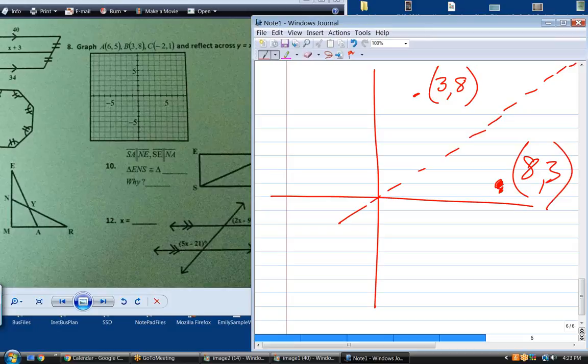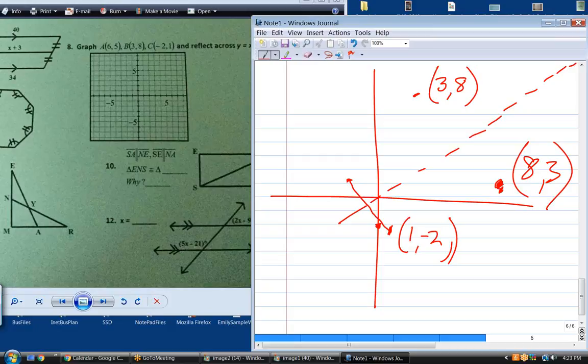And if I put another point on there, -2, 1, and switch that, that becomes 1, -2. In other words, make that perpendicular and equidistant. That's what you do when you reflect a point across the line y equals x. And so this figures to be 1, -2, and it looks to be that also.